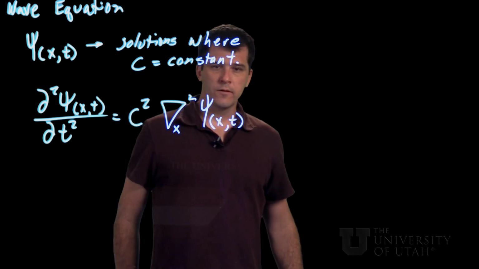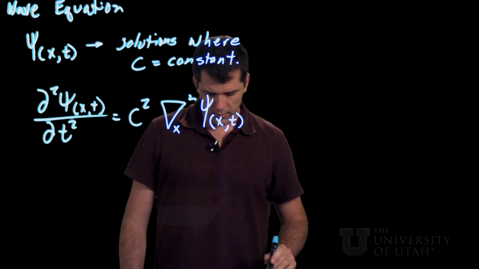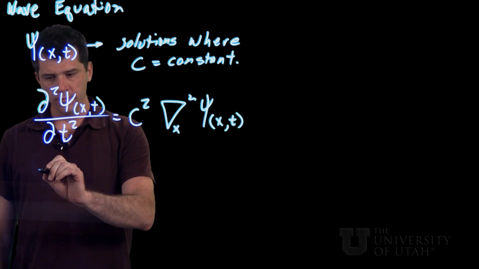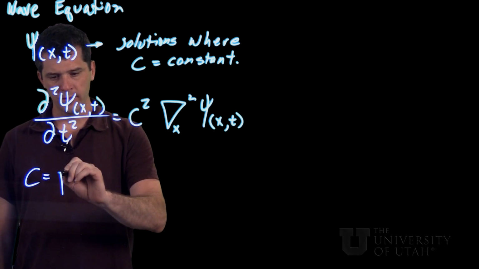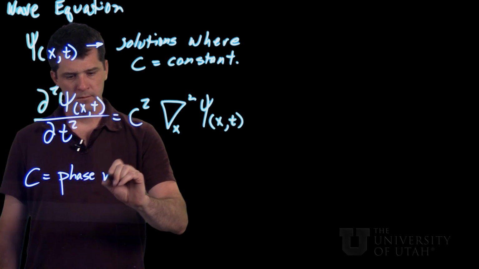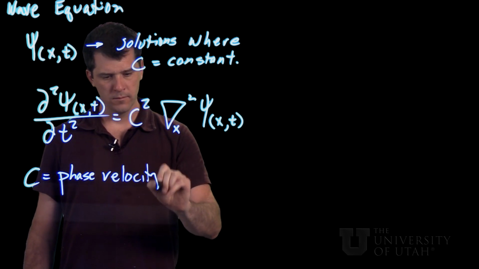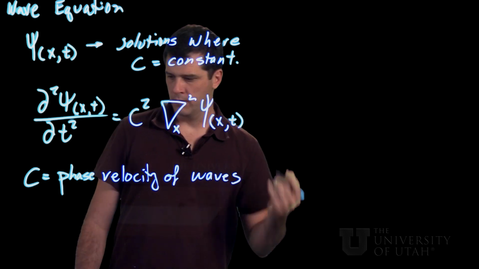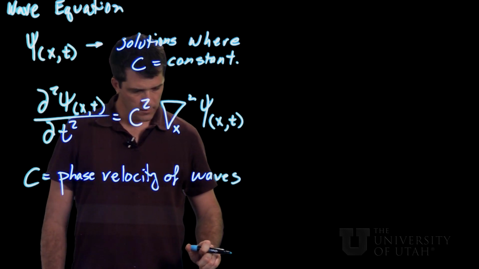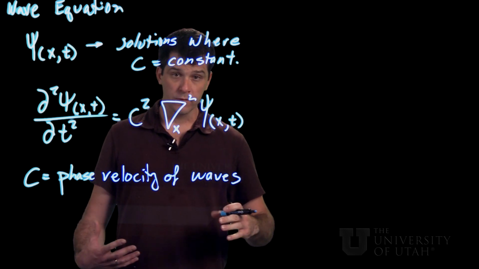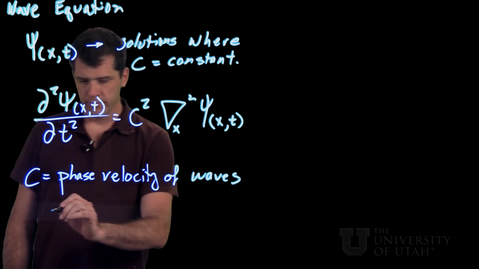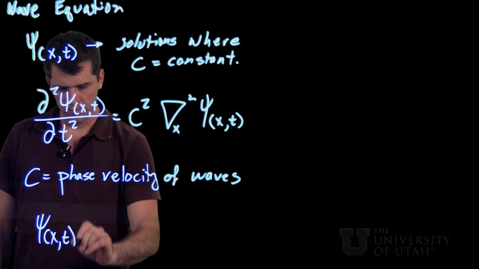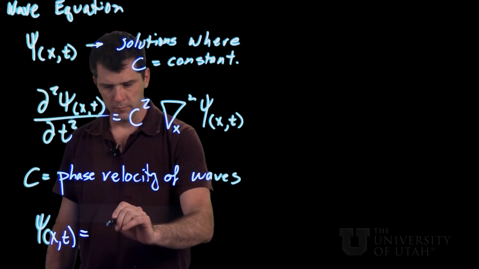So you've probably seen this in electromagnetics, and you may remember that the c represents the phase velocity of the waves, and that the typical solutions have the form psi of x and t equal to some constant.